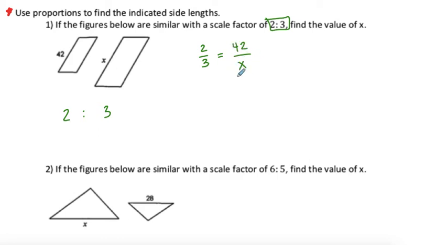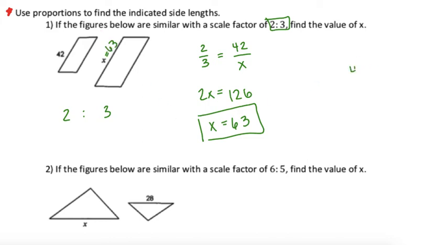So we can find this value, this length here, by cross multiplying. We get 2x equals, I'm going to check what 42 times 3 is, and I get 126. And if I divide both sides by 2, I get 63 here. So the length here has to be 63.